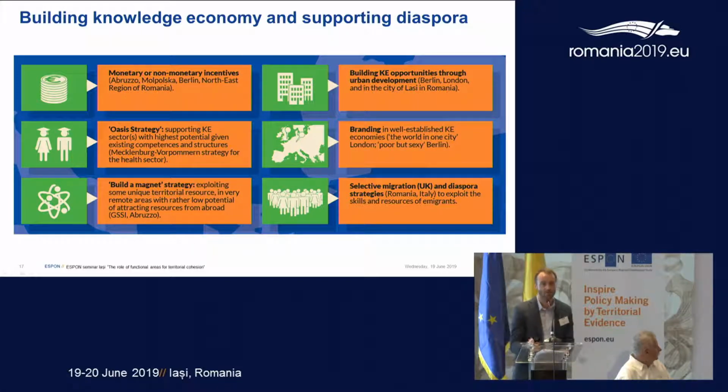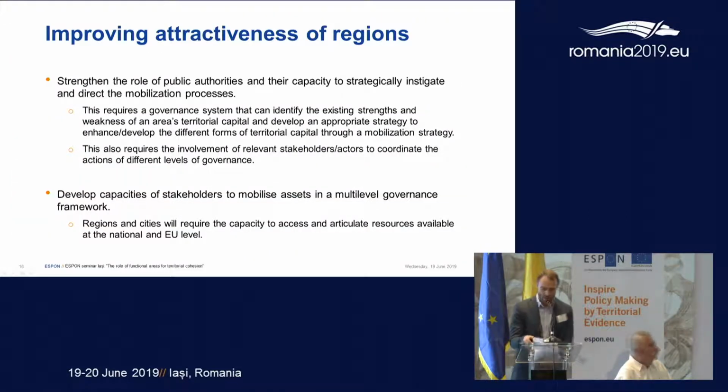In fact, we have 2 case studies in the policy brief, looking at Italy and Romania, where you can read more about what exactly was done in these countries. When it comes to improving attractiveness, there was an ESPON project in the previous program called ATREG, which looked at attractiveness. Some of you may remember it.